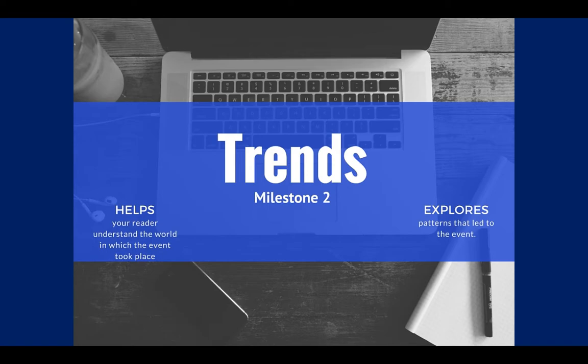So let's say that the class that you're in is History 114, and you chose to talk about the Triangle Shirtwaist Factory Fire, which is an event that led to stricter labor laws within the United States. It is important for your reader to understand what was going on in the world at the time so that they can understand people's reaction to the fire when it took place.